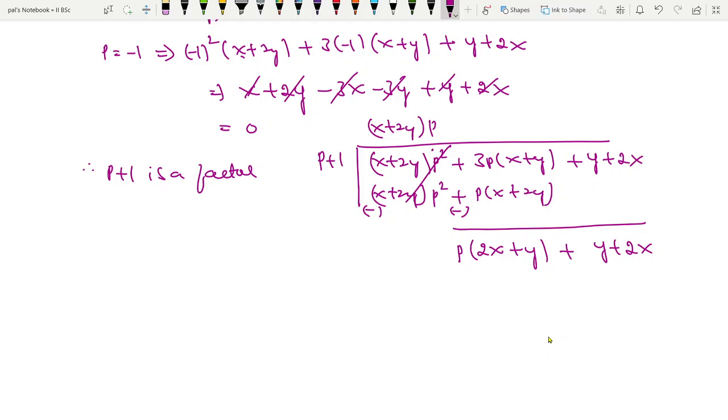If we multiply 2x plus y, it comes. So you take 2x plus y here. 2x plus y into p is p into 2x plus y, plus, because plus is there, plus 2x plus y into 1 is 2x plus y.